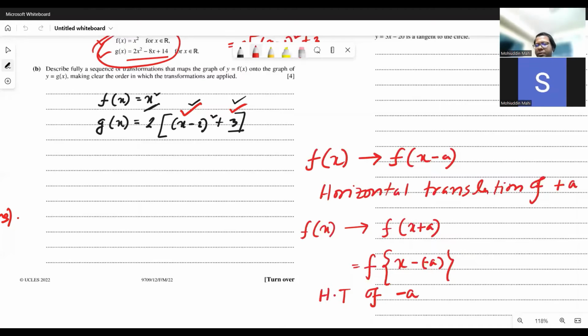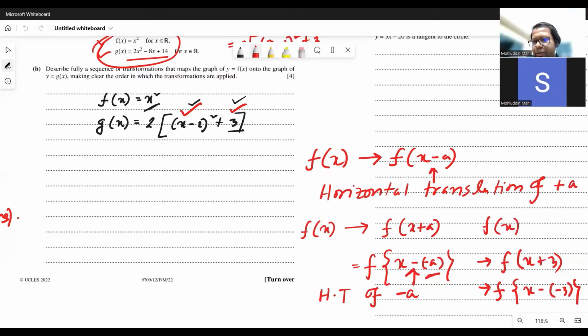So the key thing to remember is to always keep this negative sign; whatever you get here will be the amount of horizontal translation. For example, if f of x is changed to f of x plus 3, it's actually x minus (minus 3), so the horizontal translation will be minus 3.